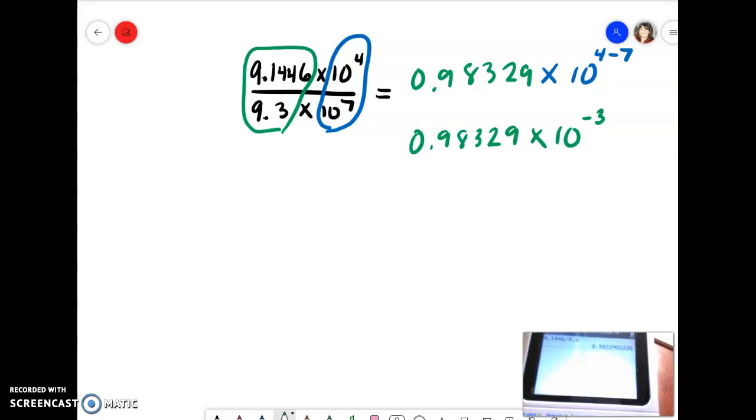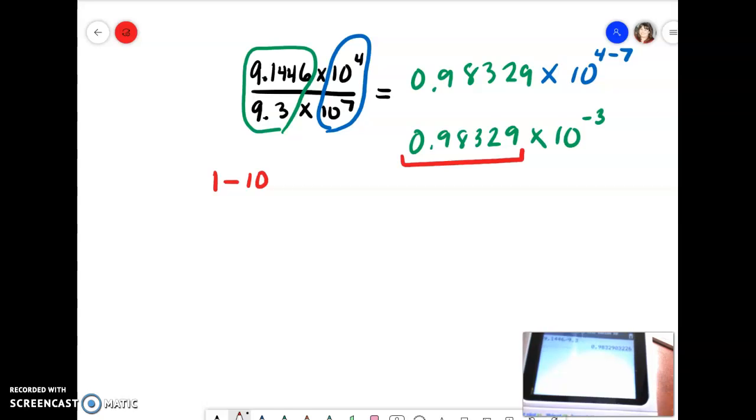However, because this portion in proper scientific notation needs to be a number between 1 and 10, I have to change this portion and I have to make it a number between 1 and 10.